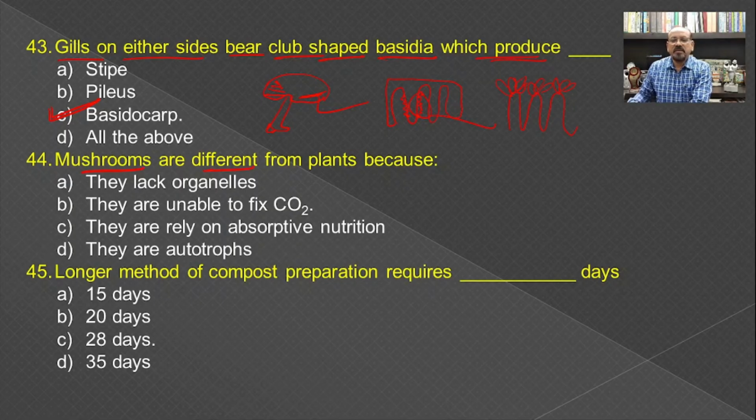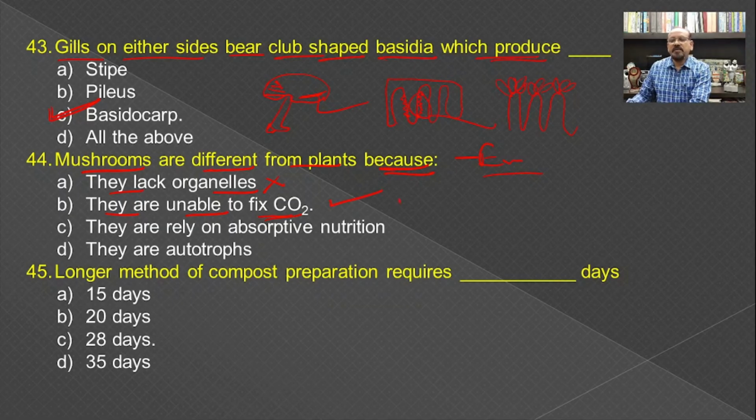Then mushrooms are different from the plants because, number one, they lack organelles. This is wrong, as they are eukaryotic organisms. They contain the different cell organelles except the chloroplast. Then they are unable to fix the carbon dioxide.